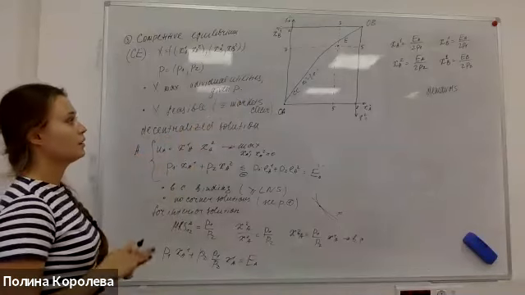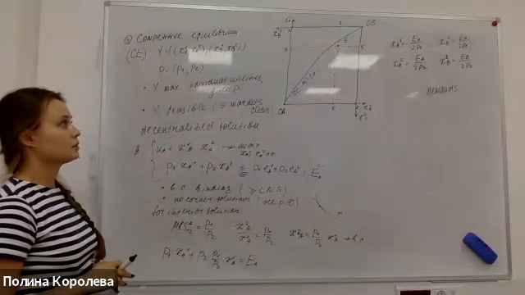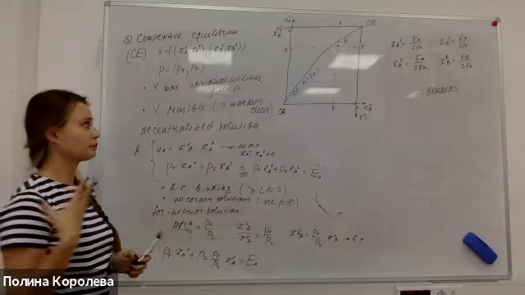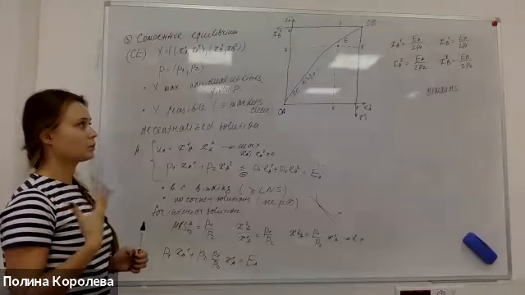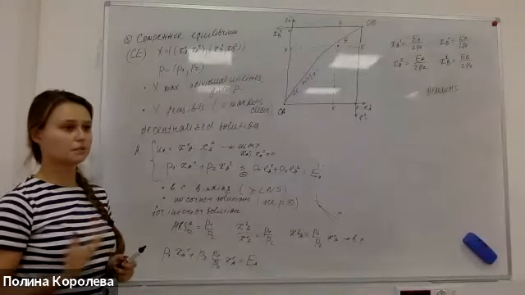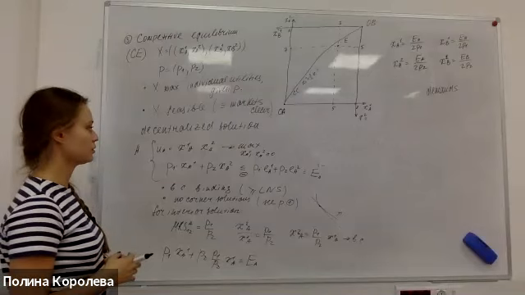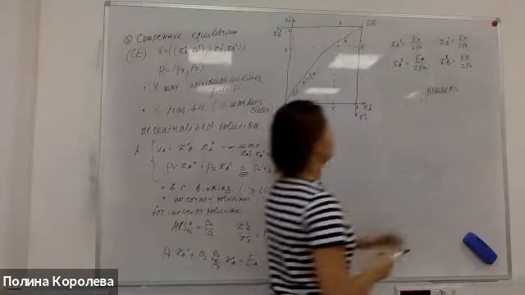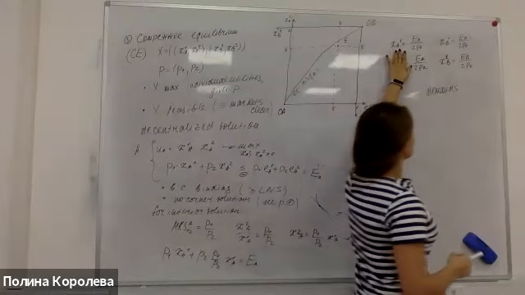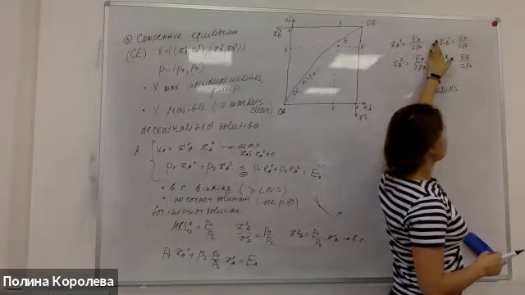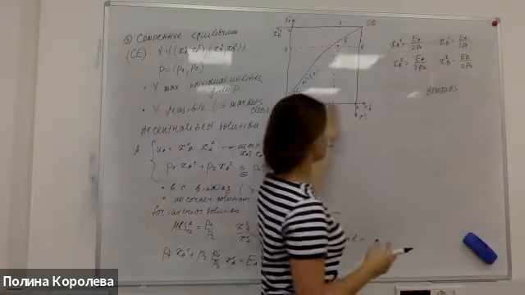Then what can we find? We can find the optimal price vector that supports our competitive equilibrium. How can we do it? We will use the feasibility constraint. We know that both demands, for example for the second good, of our individuals should be equal to the endowment of this good.